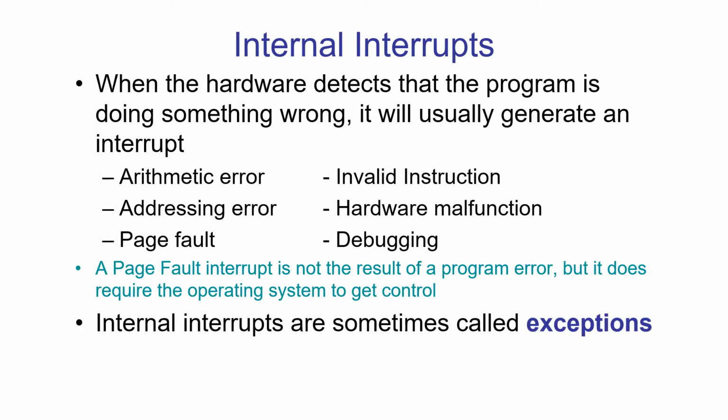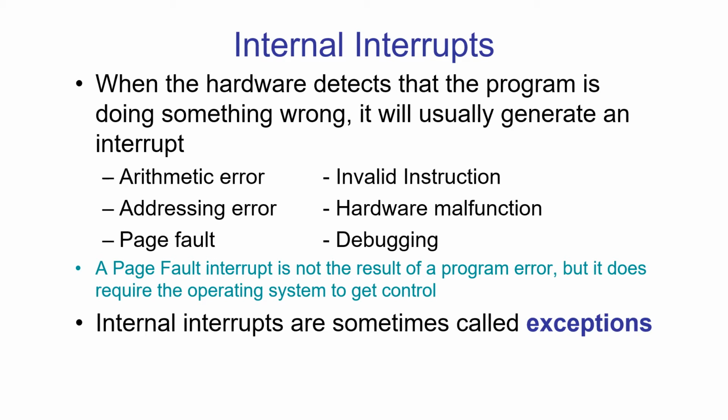Internal interrupts are often called exceptions because they're often errors, although not always. Some errors are detected by the hardware, such as division by zero, or a bad pointer that causes you to address memory outside of your program area. These are detected by the hardware and cause an internal interrupt.